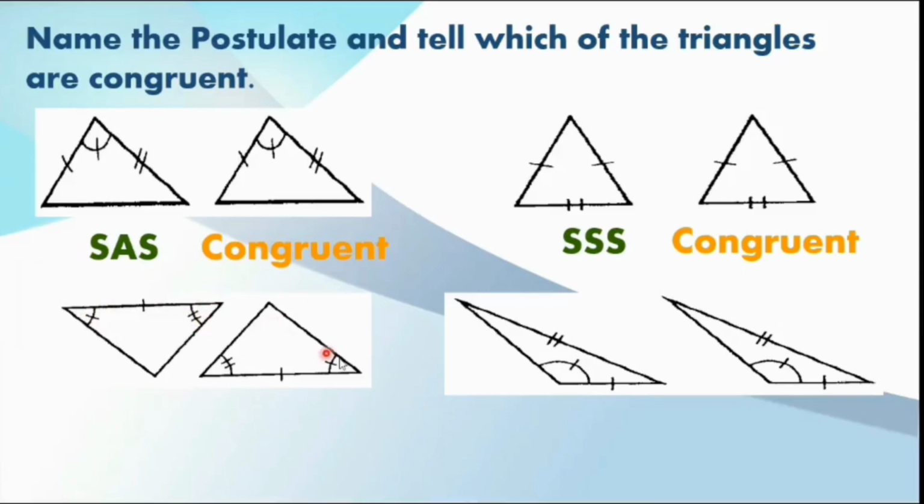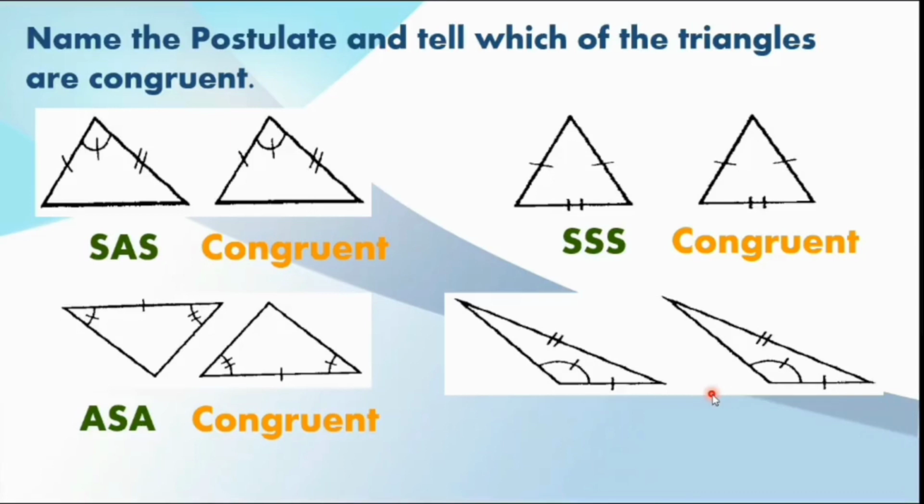On the second triangle, we have angle, side, angle. Angle, side, angle, or ASA. So therefore, we can say that these 2 triangles here are congruent based on ASA congruence postulate.